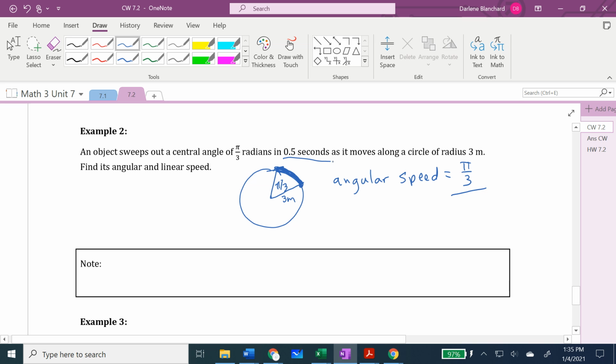And the time is 0.5 seconds. So what is pi over 3 divided by 0.5? 2 pi over 3, and you can write it as a decimal number as well. So that's the angular speed. It just lets you know how quickly it's rotating.